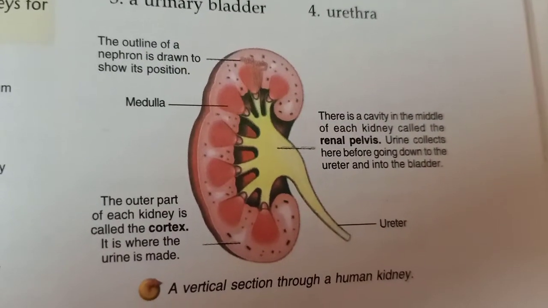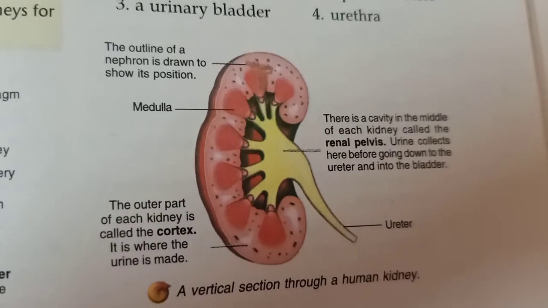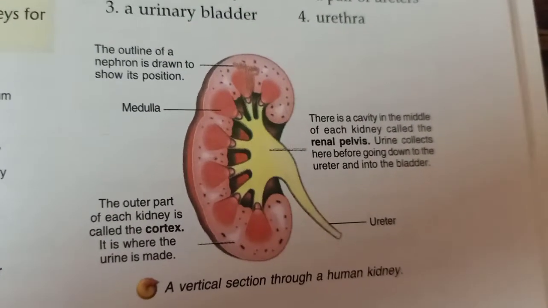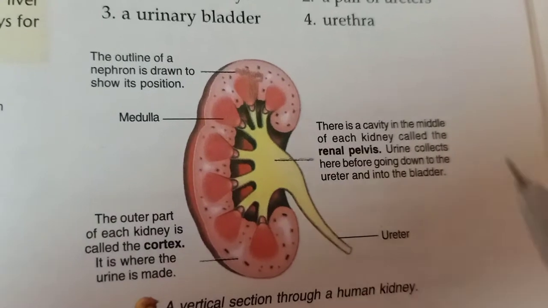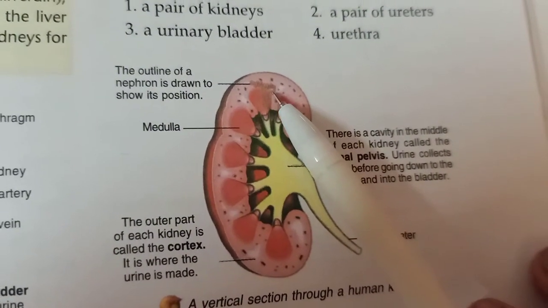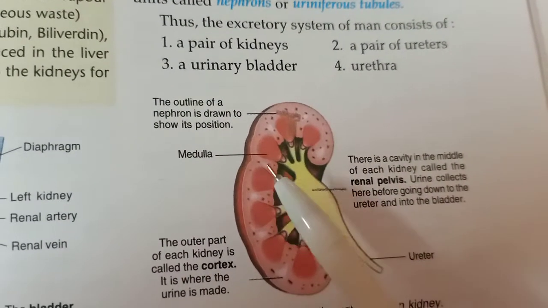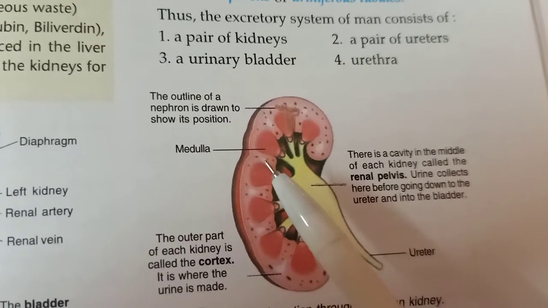Now in this diagram you can see the outline of a nephron that is drawn to show its position, and these nephrons are the small filtering units. Here you can see they are the small filtering units which filter the urine. Medulla, I have already shown you.